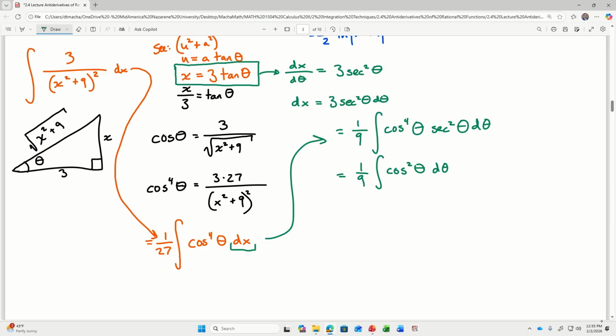And cosine squared, we need to use our power reduction identity, which says cosine squared is the same thing as 1/2 times 1 plus or minus... You know what I'm talking about? It's plus: 1 plus cosine 2 theta.